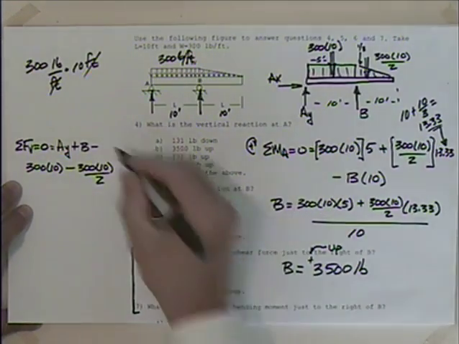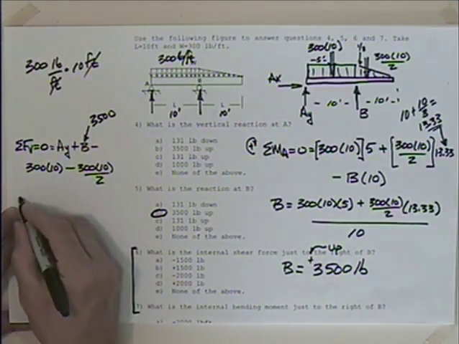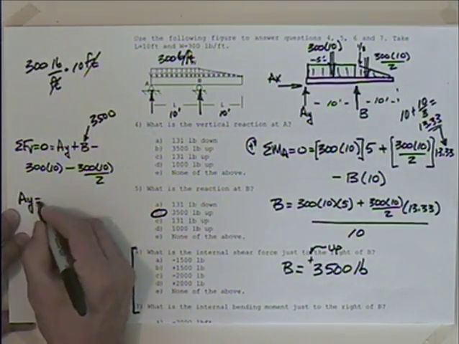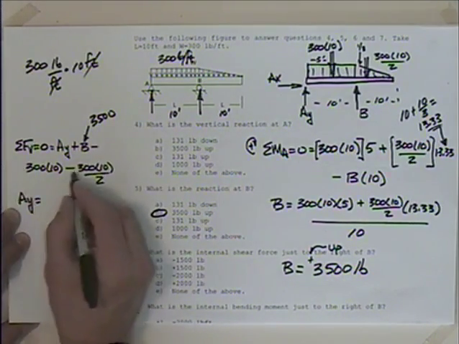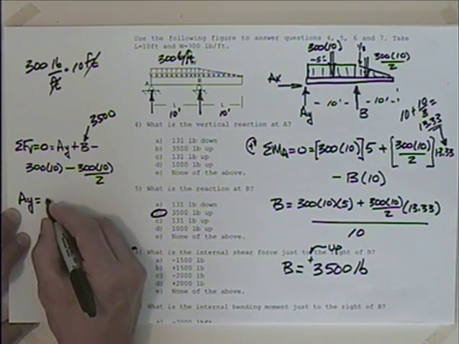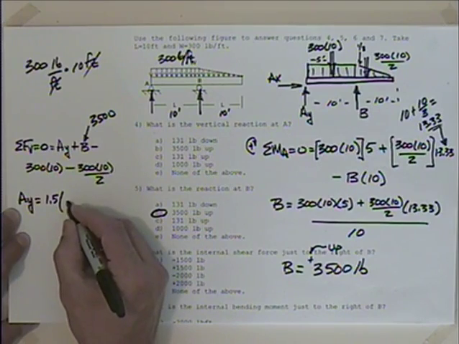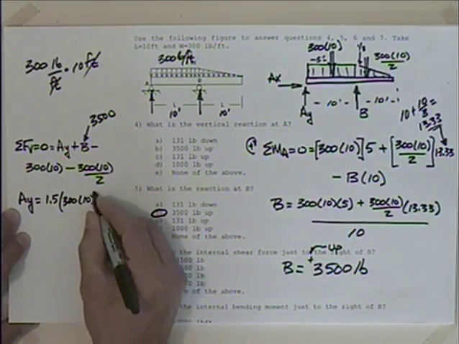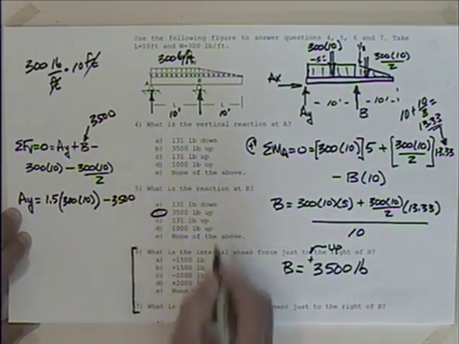Now I substitute in my B as 3,500, and we get that AY is equal to, see, that's negative and that's negative, so when they go over there, you're going to have 1.5 times 300 times 10 minus 3,500.